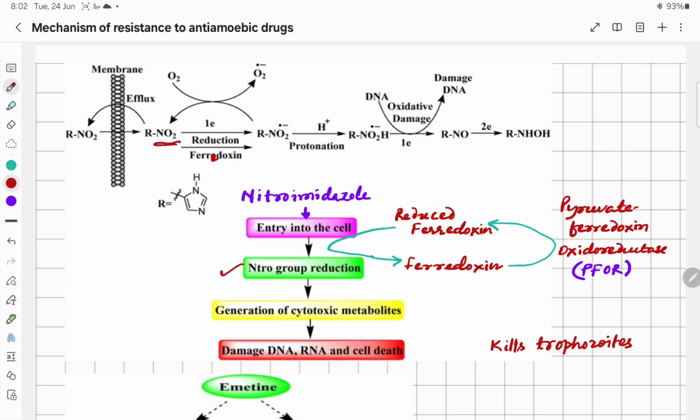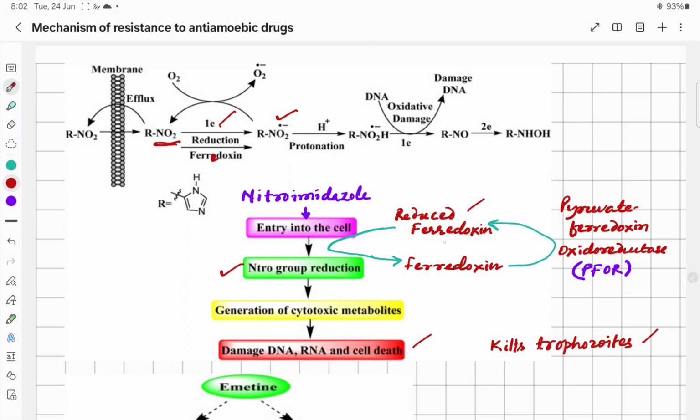One electron is supplied by reduced ferredoxin, and the nitro group is reduced. That can generate free radicals which can damage nucleic acids, DNA and RNA, cause cell death, and kill the trophozoites.